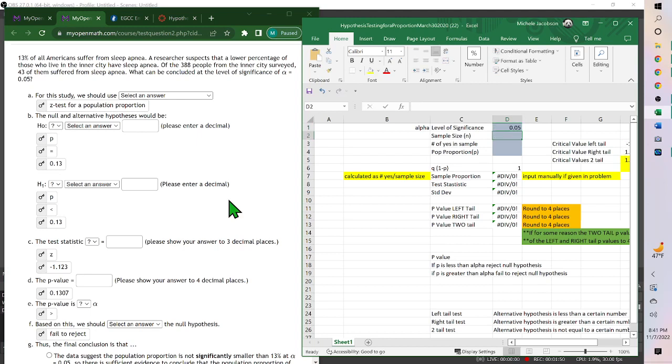Sample size was 388. Number of yeses, 43. Population proportion, that's from your null and alternative hypothesis, which is 0.13.